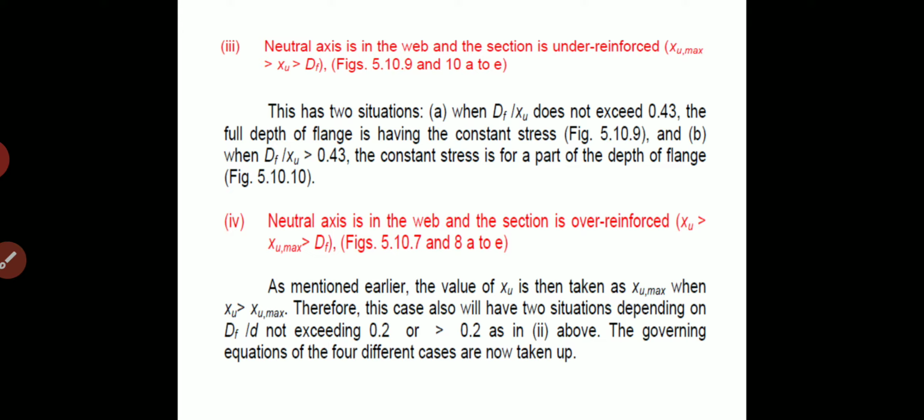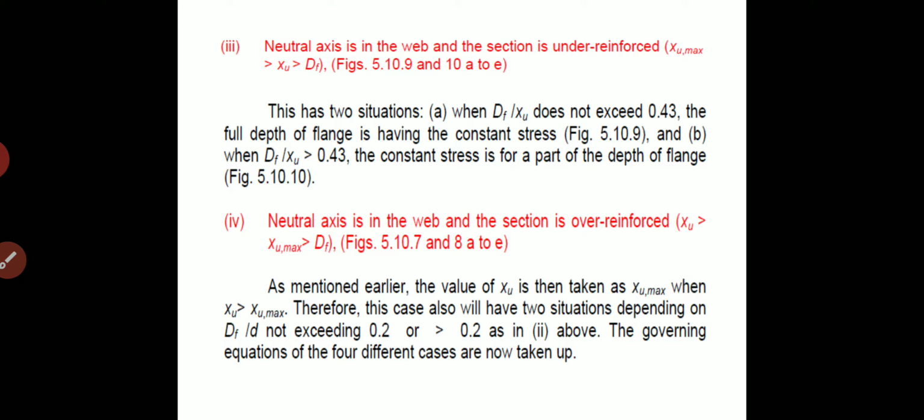Fourth case, the neutral axis is in the web and the section is over reinforced. Here Xu is greater than Xu max and Xu max is greater than depth of flange.